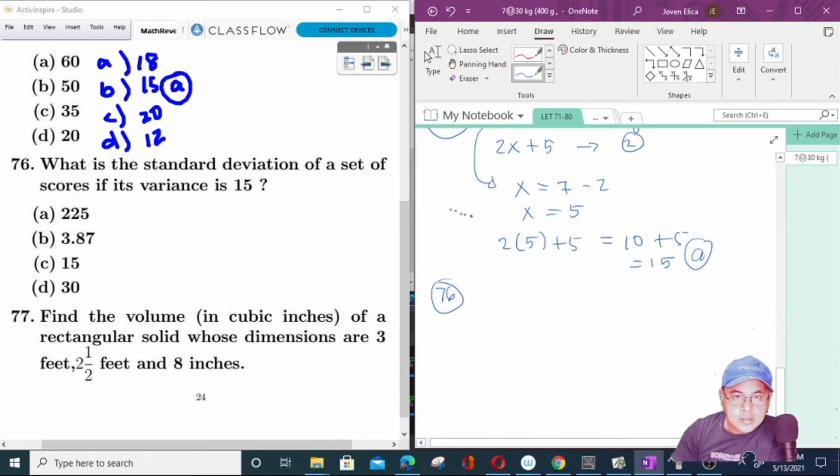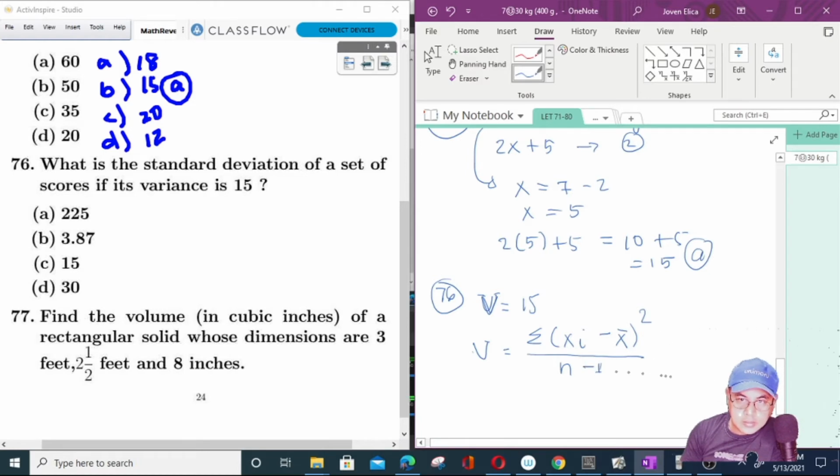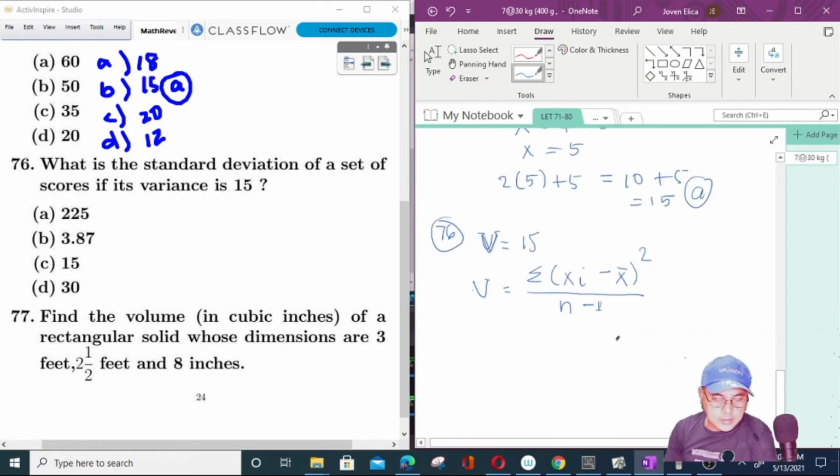So the formula for variance: although the given variance is represented by a capital letter, the formula, for your reference, is variance equals the summation of (xi minus the mean) squared, over n minus 1. xi is the individual values of the set of data.